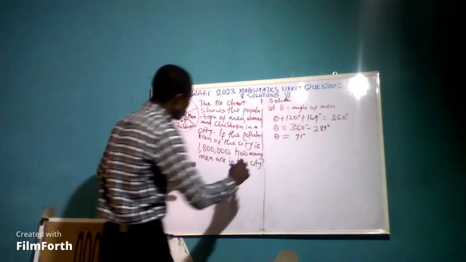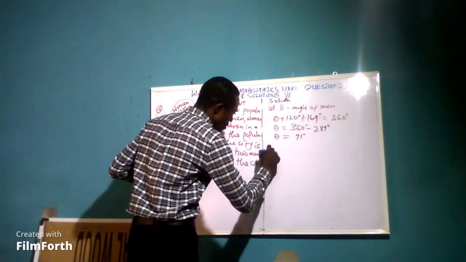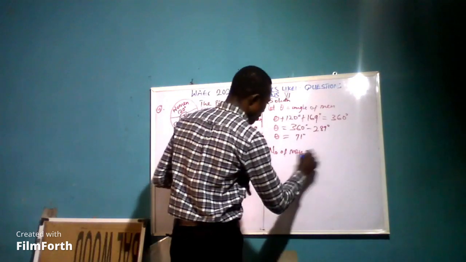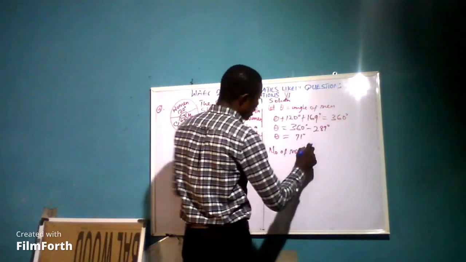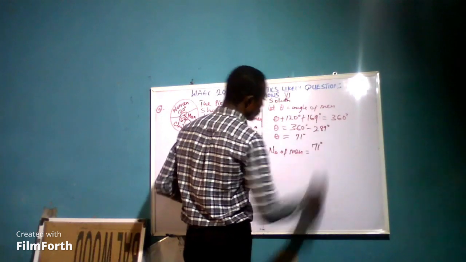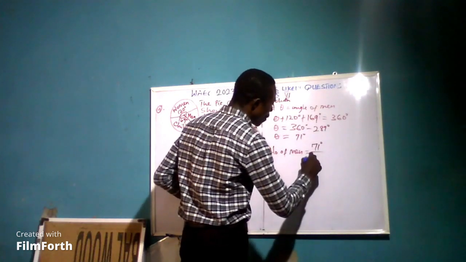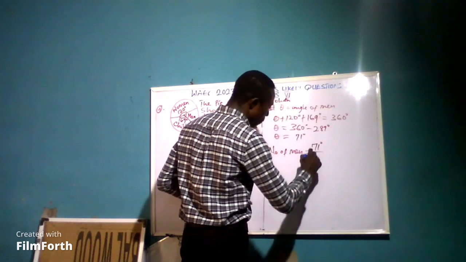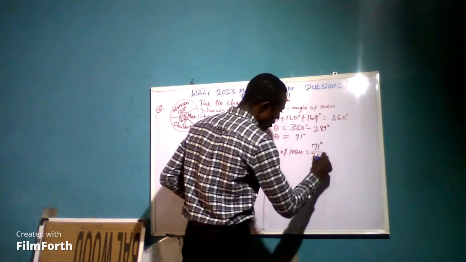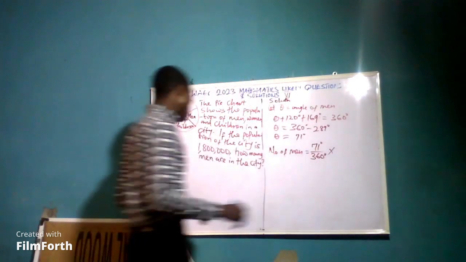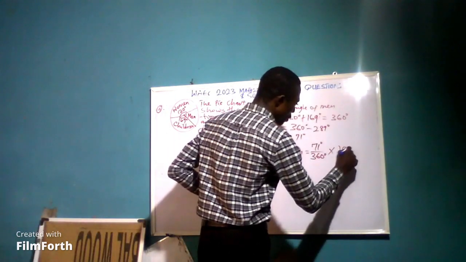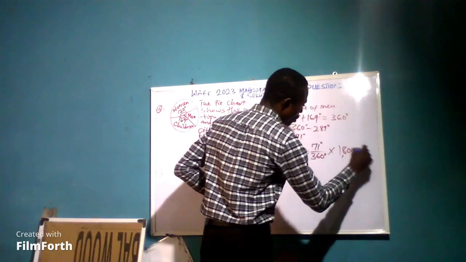The number of men in the city is equal to theta, that will be the angle of men, which is 71 degrees. The ratio of the angle of men to the whole angle formed by a circle, that will be 71 degrees over 360 degrees, multiplied by the total number of the population in the city, which is 1,800,000.